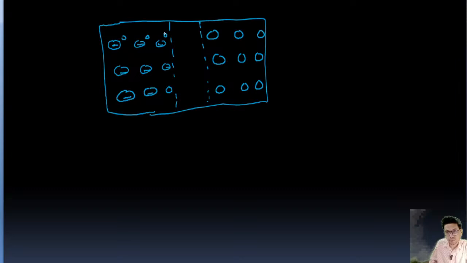These are holes, acceptor atoms. And these are the electrons. So here the holes will move from here, and the electrons will move here.